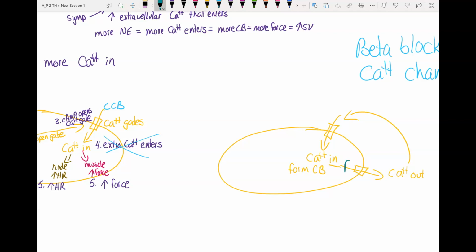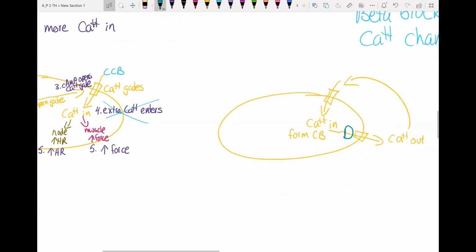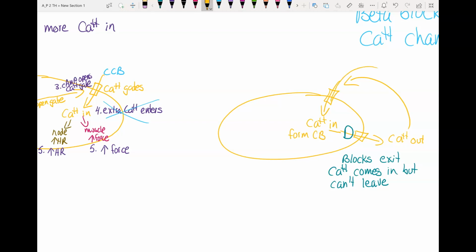Digoxin comes in right here and it blocks the exit. So that's why it's like the Hotel California. The calcium comes in, but it can't leave. So then with the next heartbeat, more calcium comes in again, right?